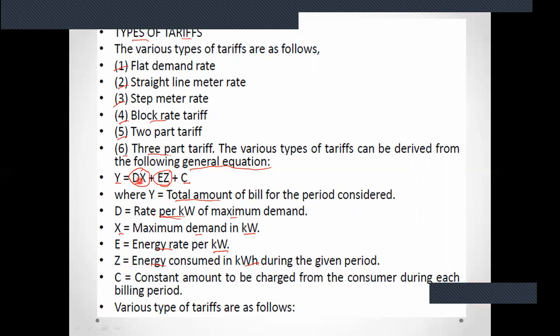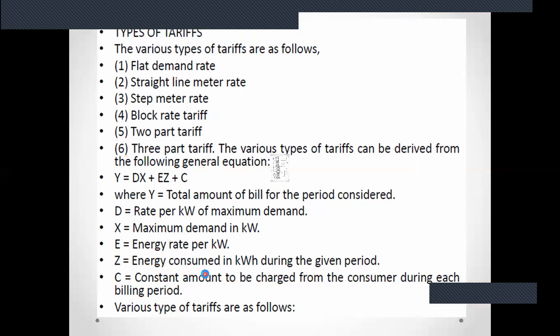And d is the rate per kilowatt for the maximum demand x. And c is the constant amount which is charged to the consumer during each billing period.